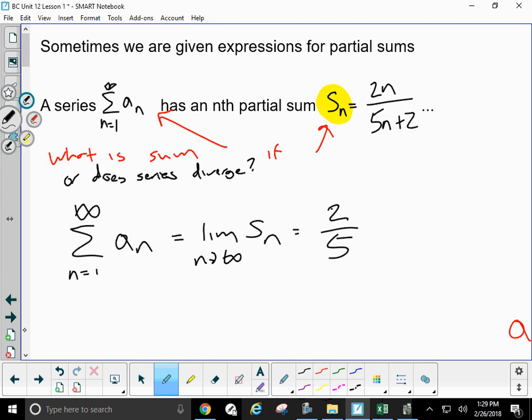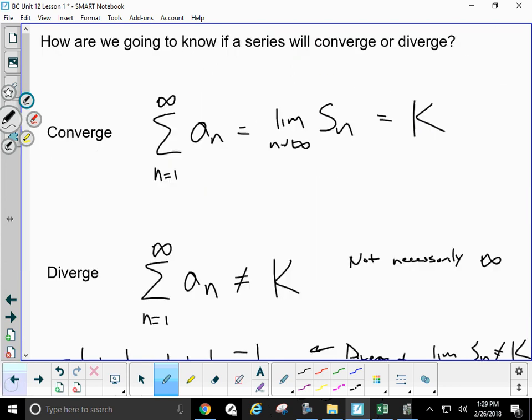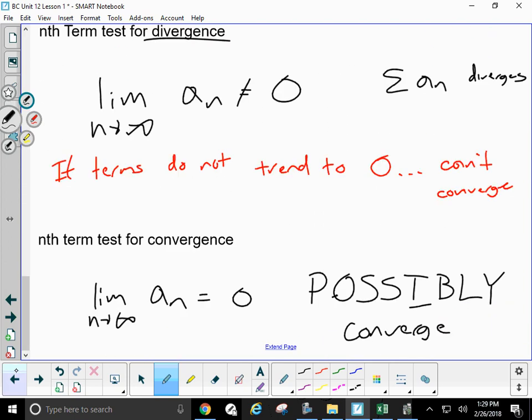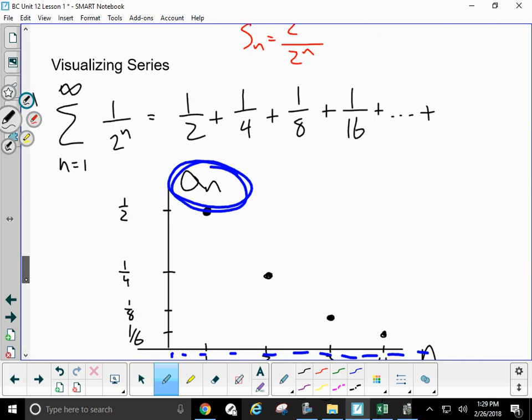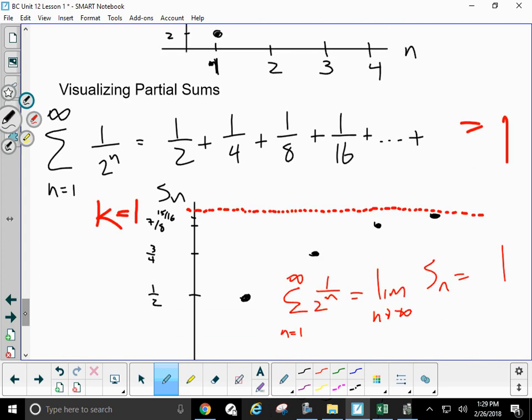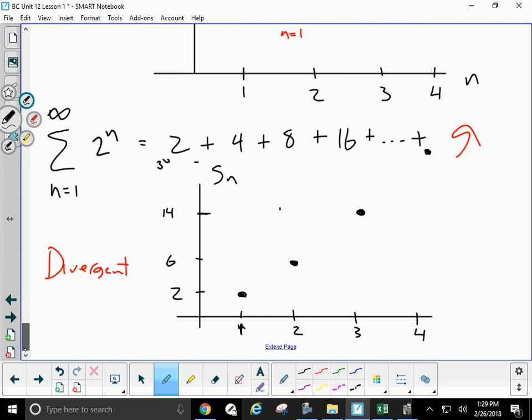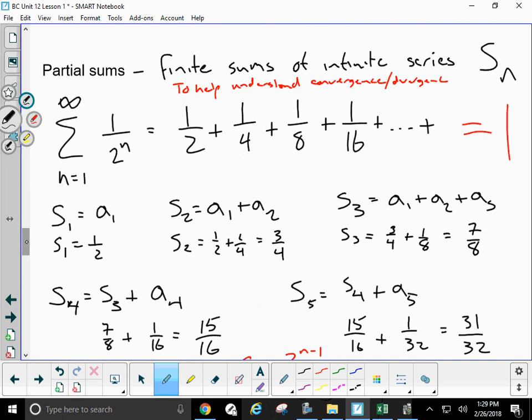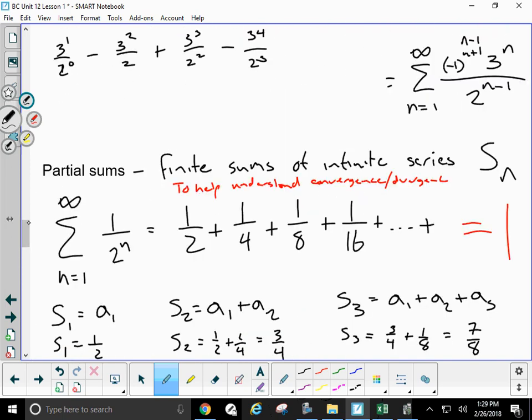We found in a previous example an expression for the partial sum for 1/2 to the n. Where is that? Back here. Right here. We found that it was 2 to the n minus 1 over 2 to the n.